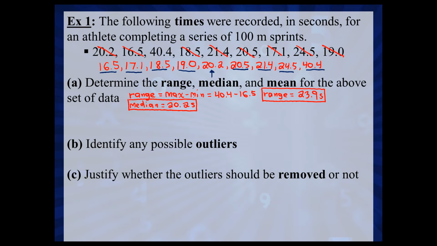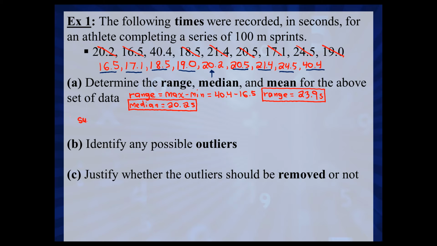The mean is the one where we actually have to do a little bit of work to calculate it. We need to figure out the sum of all the data points. And for the mean, you don't need to put the data in ascending order. It doesn't matter whether it's in ascending order or not, you're going to get the same sum.